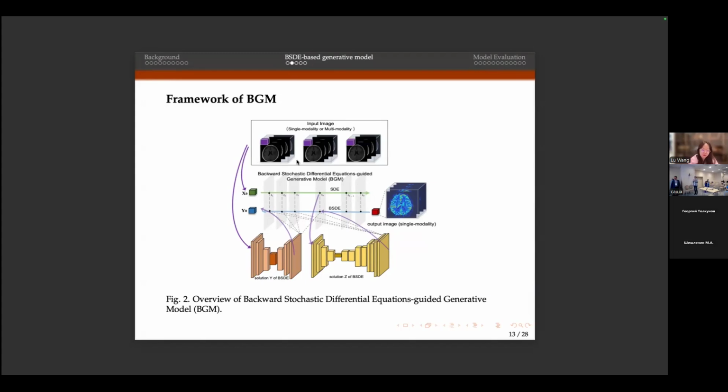Yeah, that is a good question. Actually, it needs many steps, but in this work, we just use 2 steps. That is to say, we use 0 to 0.5 and 0.5 to 1. As for the solutions, I think the BSDE is different from the reverse-time SDE.